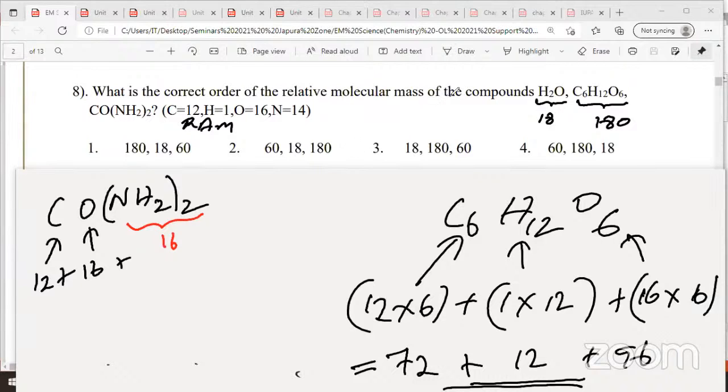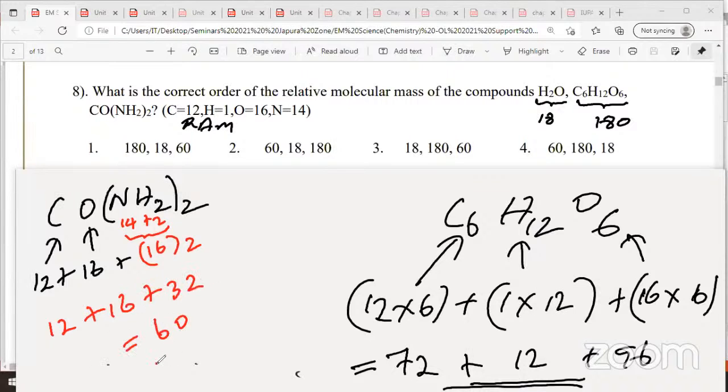Nitrogen is 14, hydrogen is 2, so inside the bracket the total is 16. Then you get 12 plus 16 plus 32. The answer will be 60. You get the total inside the bracket and multiply that by 2, since out of the brackets you have 2.